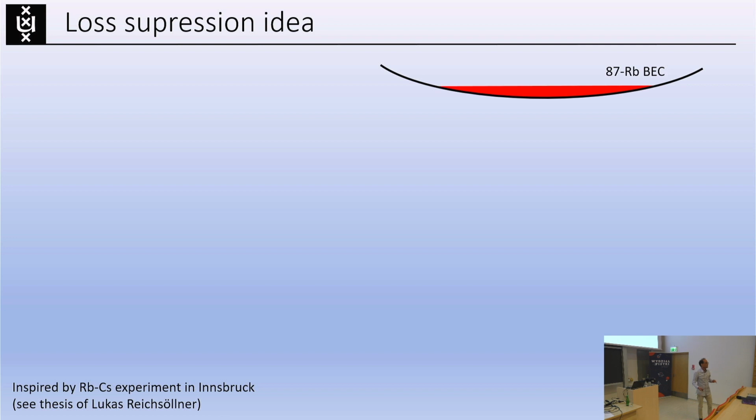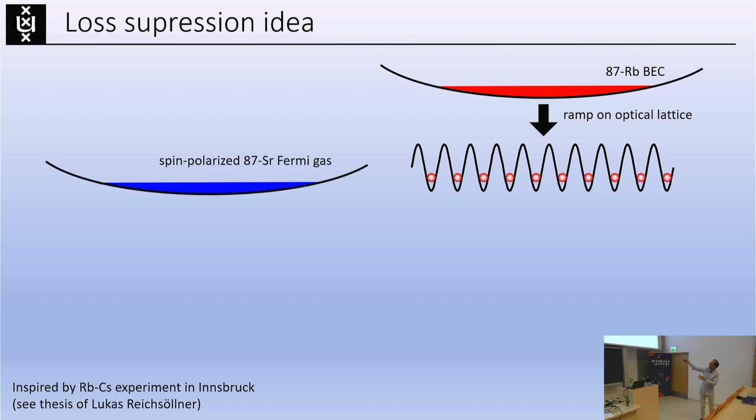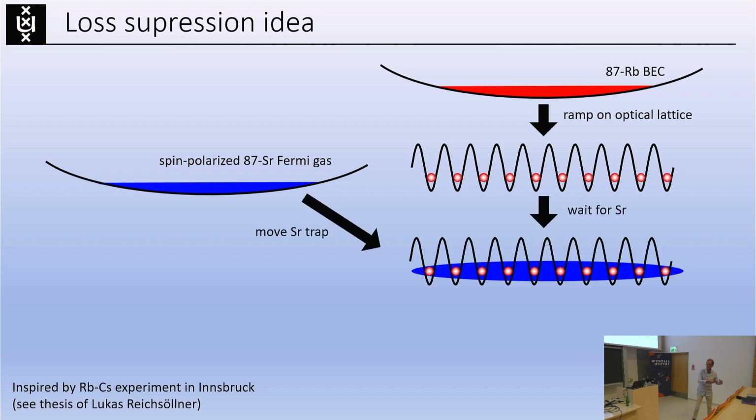So Prem and us, we designed a battle plan. We make separate quantum gases of rubidium in spatially different locations, and then we load the rubidium into a 3D optical lattice, and make a Mott insulator with n equals 1 atom per site. Then we make a spin polarized Fermi gas at a different location and move the fermions on top of the bosons.